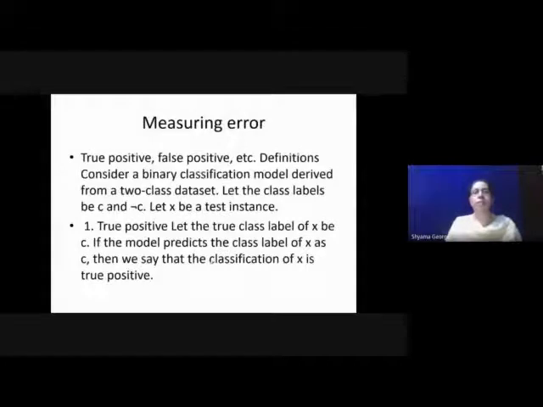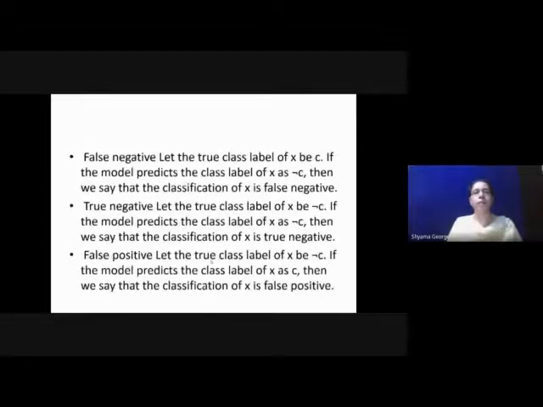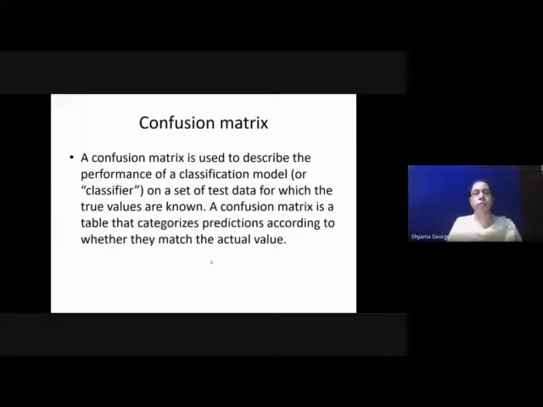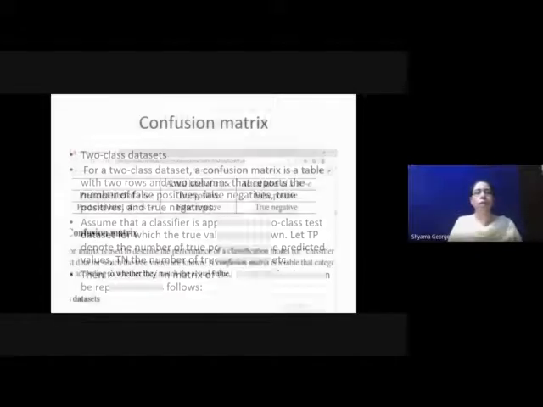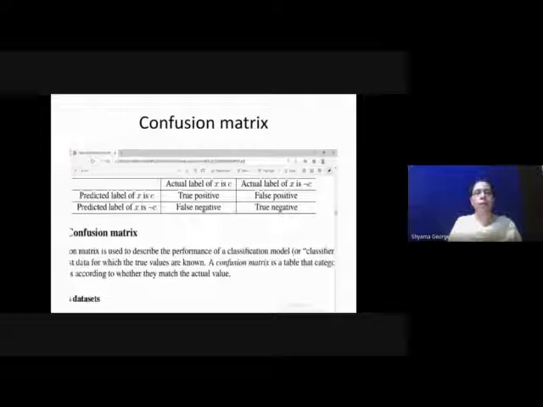We have studied different measures of measuring error in a classifier. They are true positive, false positive, false negative, and true negative. These values are recorded in the confusion matrix, based on the performance of the classifier.